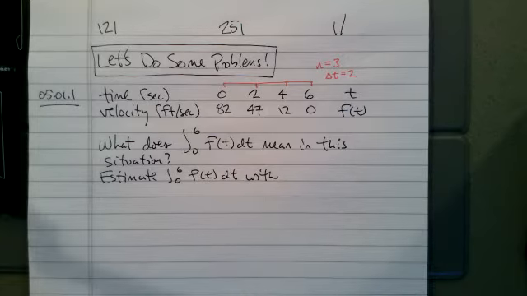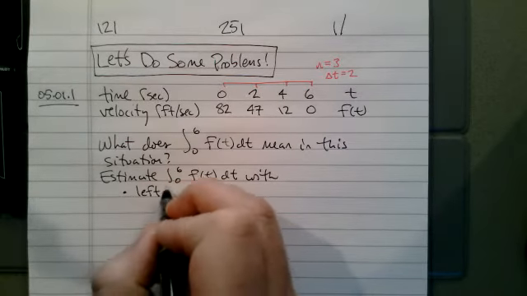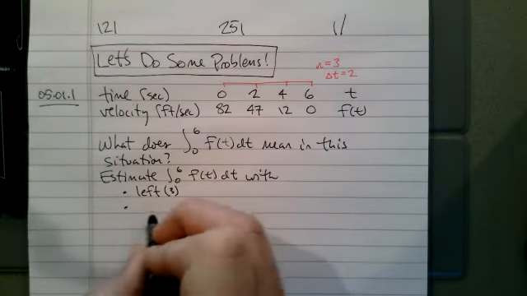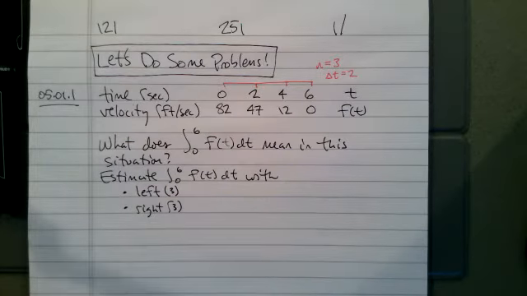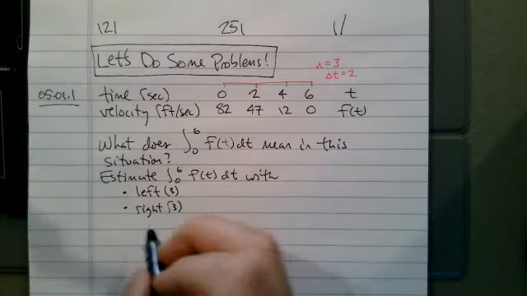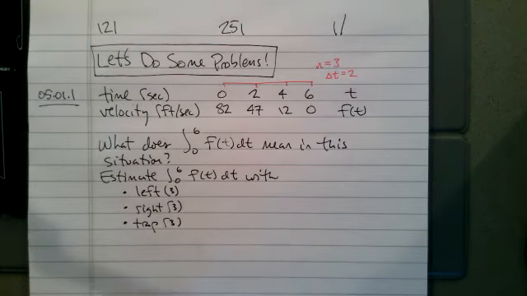So, since we have 3 intervals, we could use the left endpoints. We could do the right endpoints. Or we could use the trapezoidal rule by averaging the left and the right endpoints. Remember the assumptions that we're making in each of these cases.